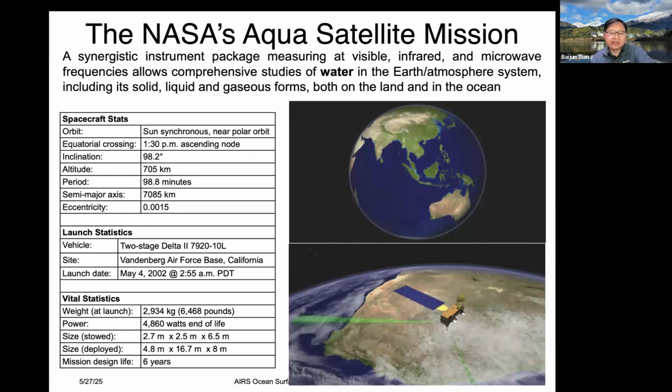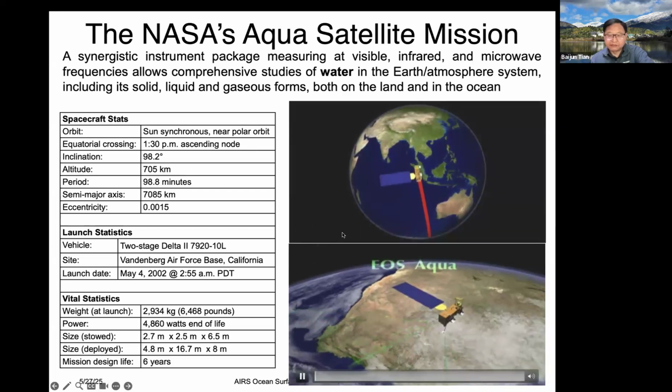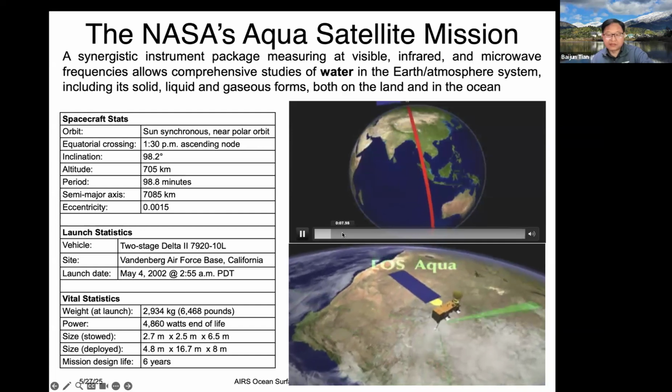So AIRS is on the NASA Aqua satellite. Aqua means water. The satellite was launched in May 2002. It's a sun synchronous near polar orbit, with a 1:30 a.m. and p.m. ascending and descending orbit. We can show some animations of the polar orbiting.